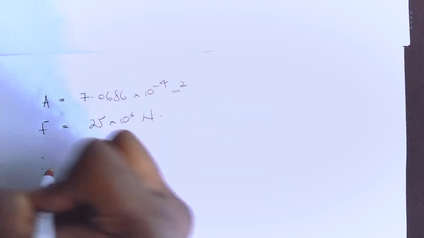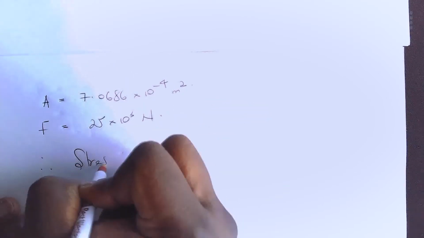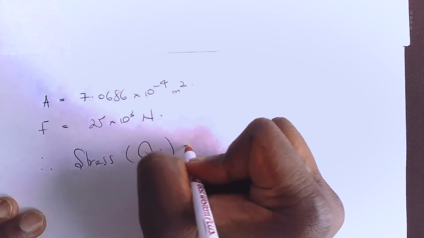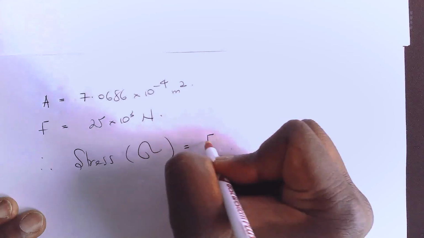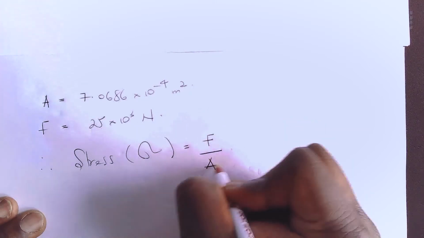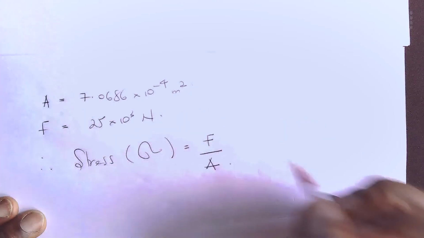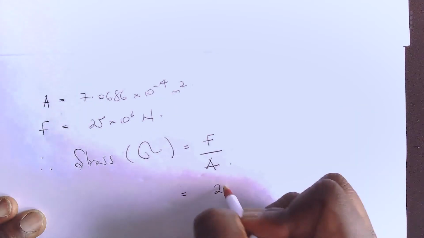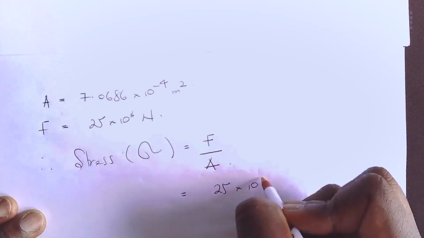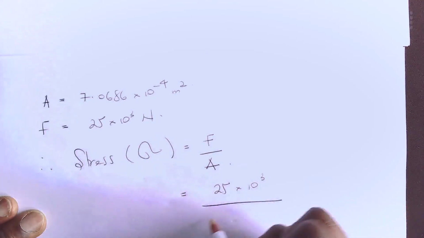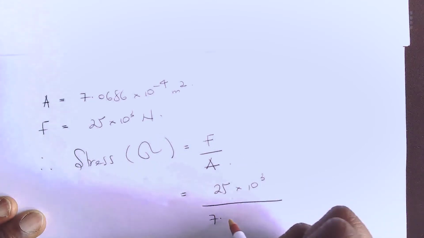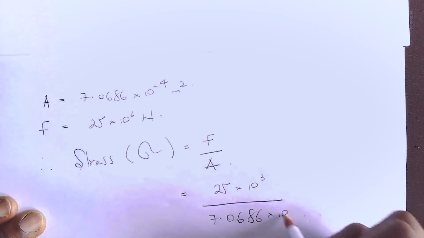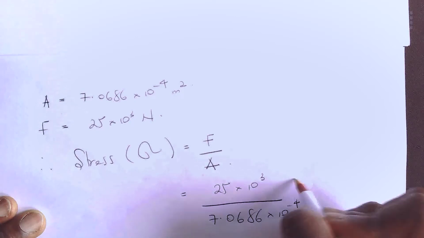Therefore, the stress, sigma, is equal to force divided by the area, which is equal to 25,000 divided by 7.0686 times 10 to the power minus 4.